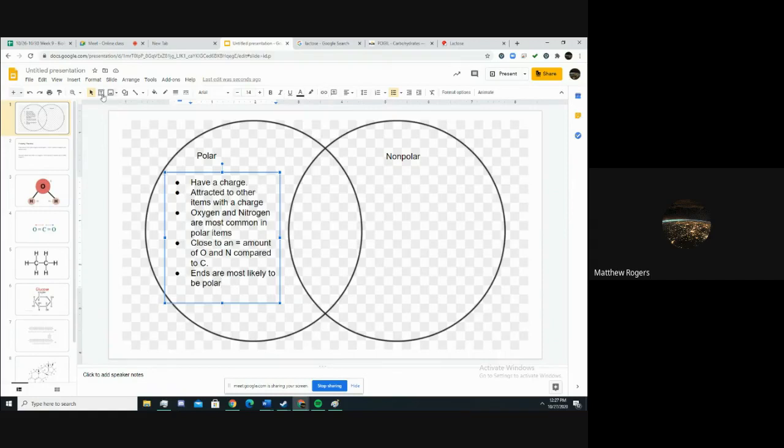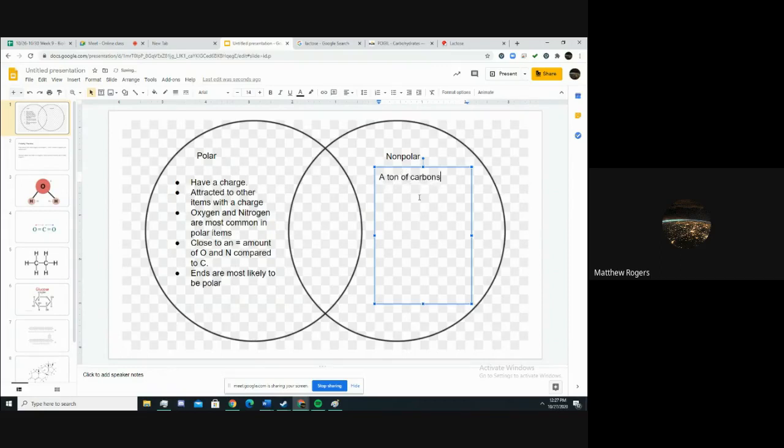Next, we have nonpolar. So nonpolar, especially what we're going to be doing this week, are a ton of carbons and hydrogens. Okay, you're looking for a bunch of carbons and hydrogens for nonpolar things. If we're going to identify, that's what it's going to basically be.